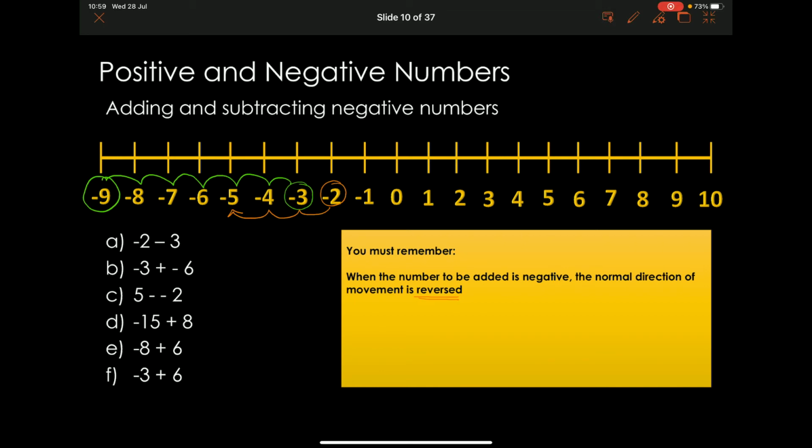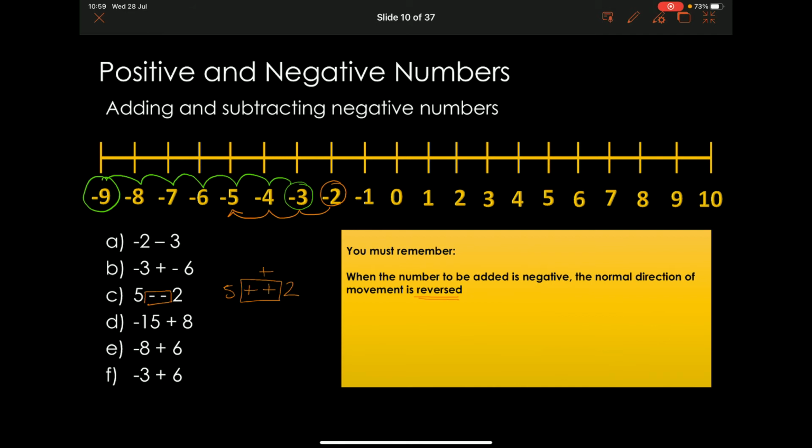Now, however, another thing that you need to remember is that if we look at example C, you've got two signs in the middle that are the same. So when they're in the middle that are the same, we turn it into an add. Now, if it was 5 plus 2, which you wouldn't really get, it would just stay as an add because you're saying 5 add positive 2.